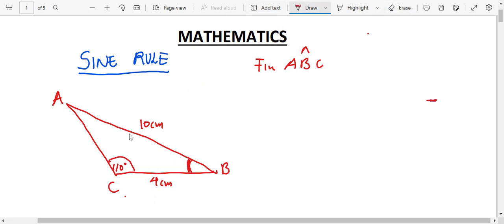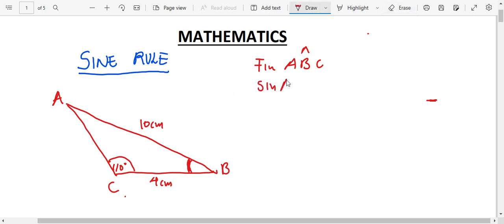So the first thing that we are going to do, since we know the opposite side for A and the opposite side for C, is first find the angle A, just like we have done.